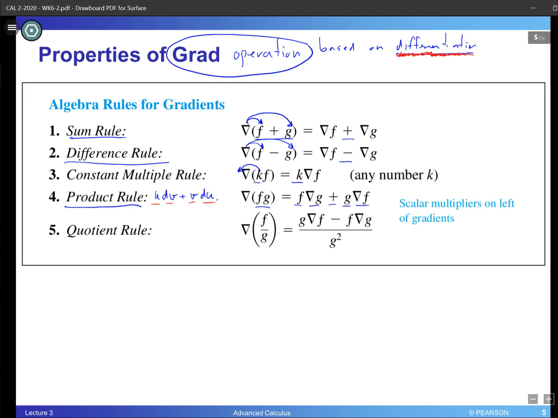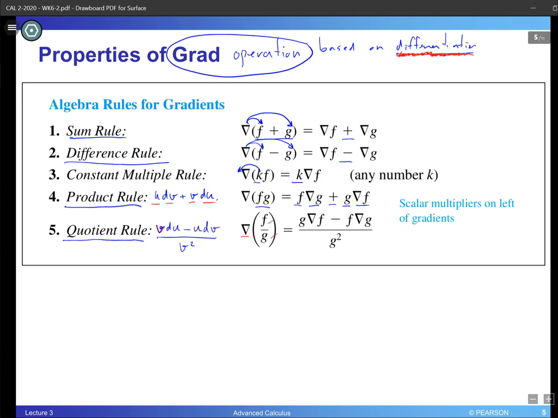Same logic right here, and this applies to the quotient rule as well. In differentiation we have v du minus u dv divided by v squared, right? This time it's going to be quite similar. We want to find the gradient of the quotient of two functions, f and g.